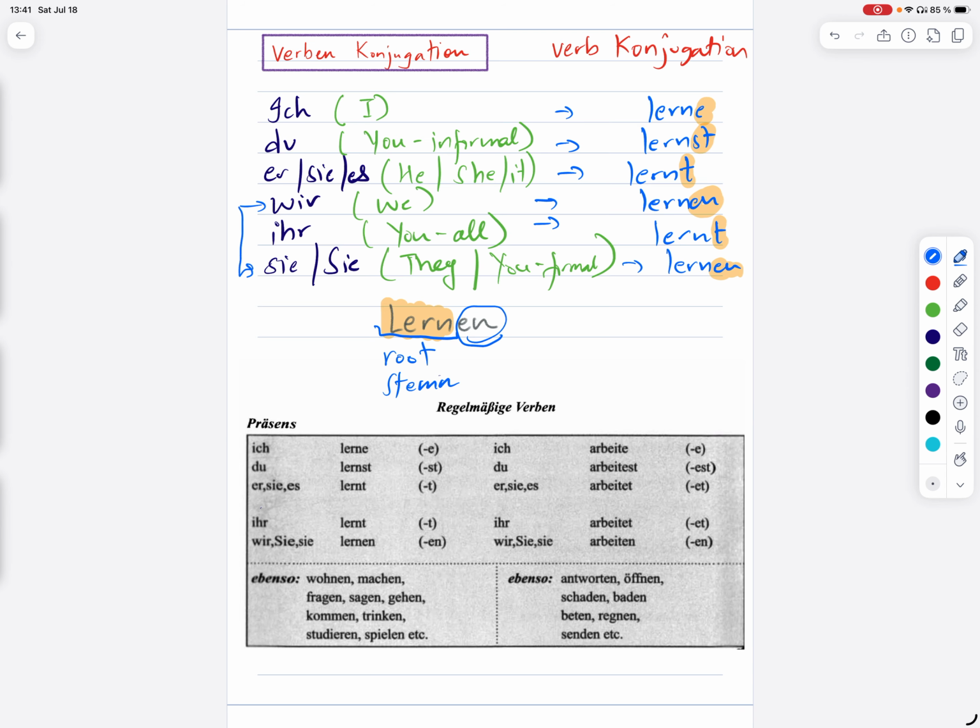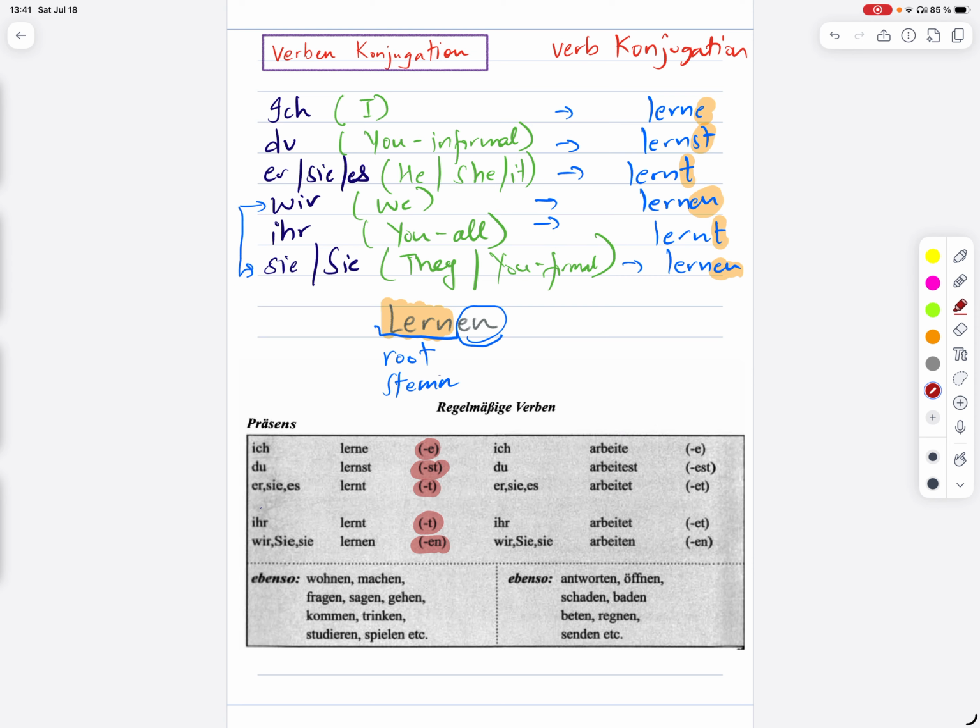So below is the table to show the same example. If you have any regular verb, what kind of endings are you adding? So for ich, you add an e, right? So we will have an e ending: ich lerne, du lernst, er, sie, es lernt, ihr lernt, wir, sie lernen, right?